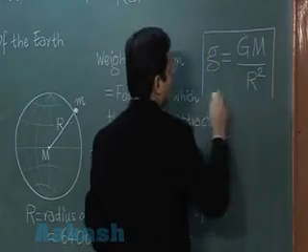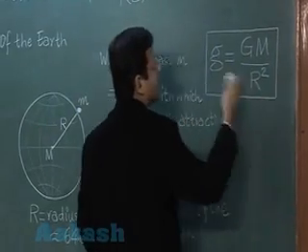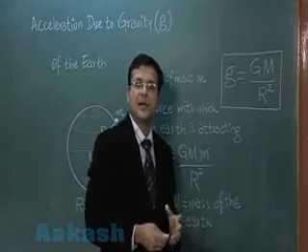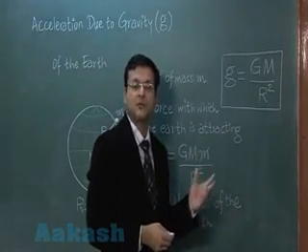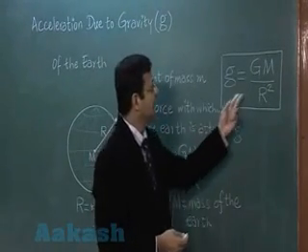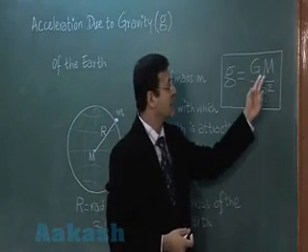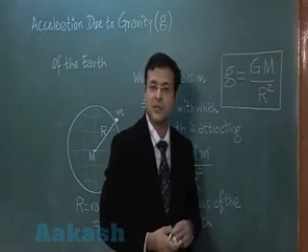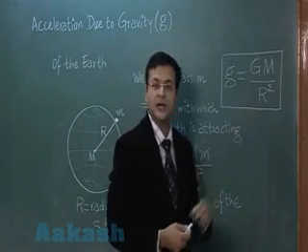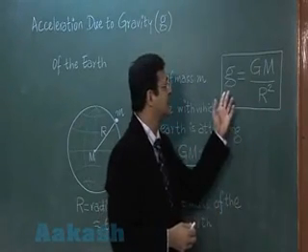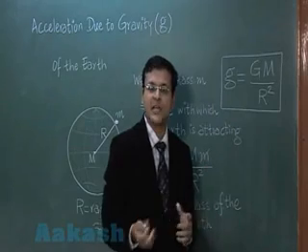Now remember that we have derived this expression for the case of the Earth. Let us suppose you are calculating the same thing for the moon. Then the value of capital G will remain constant, but this capital M will become the mass of the moon, and this capital R will become the radius of the moon. And for that matter, this acceleration due to gravity on the moon will change.